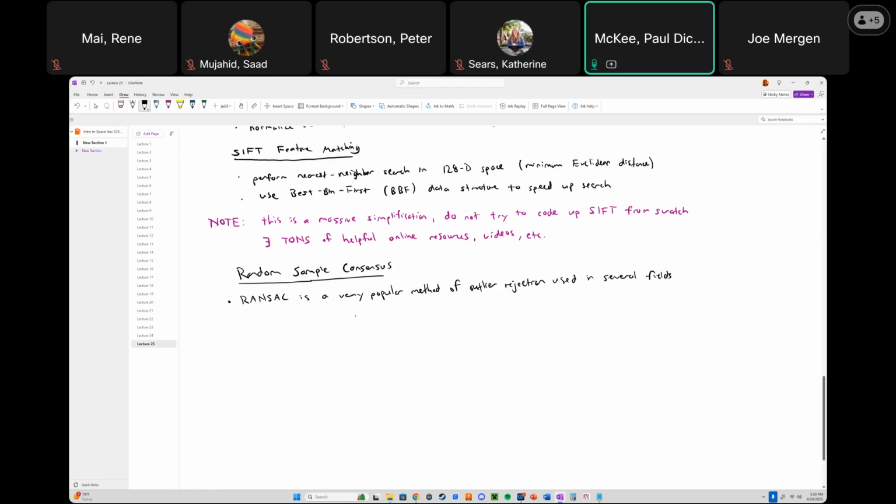So the idea here is, given a set of noisy data, and it doesn't need to be SIFT features, randomly select a subset of data.